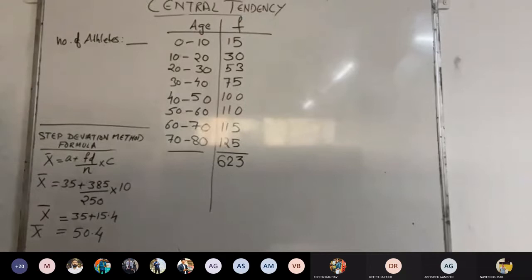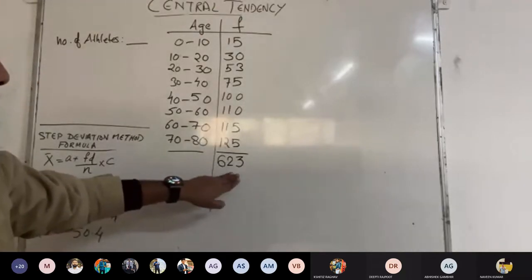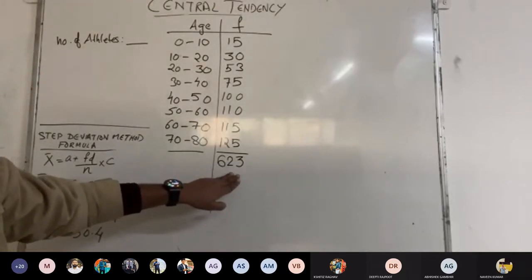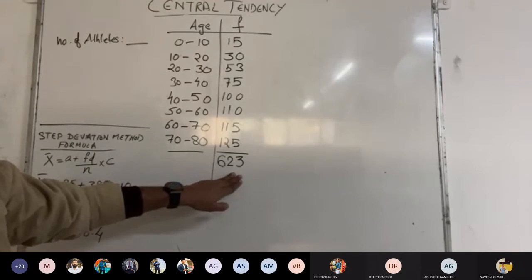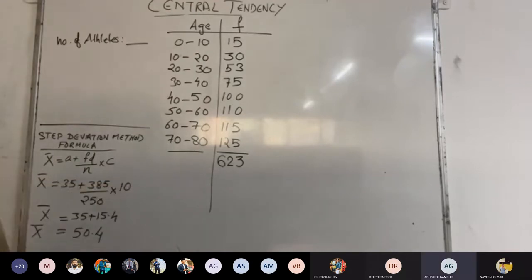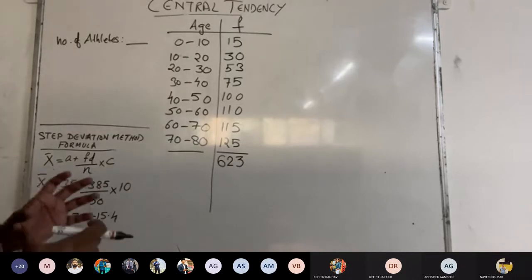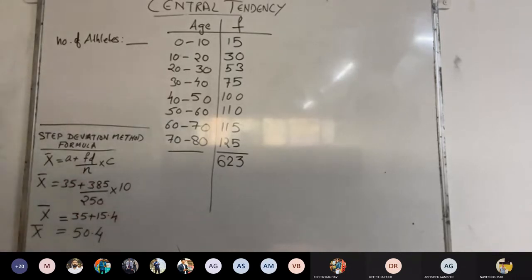If we start writing in an individual series, would it be possible? No, sir, it would be cumbersome. It will be challenging, difficult. So that is why this continuous series has to be used.